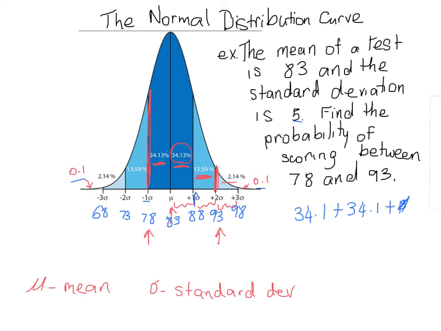Let's just cross that off. Plus 13.6. And when we add all of that up, we should get 81.8%. So the probability of scoring between 78 and 93 would be, again, the sum of these 3 values because they're between 78 and 93, and our answer is 81.8%.